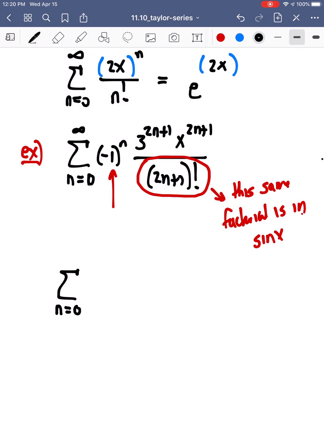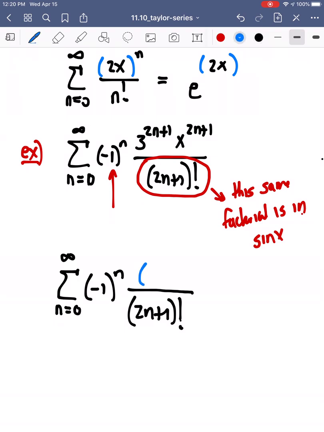So if we start writing what sine looks like, the series for sine basically looks like minus 1 to the nth power all over 2n plus 1 factorial. And in the numerator, we have some x value being raised to the 2n plus 1. So what we need to figure out is, are there any ways that we can take our original series and combine all the leftover pieces beyond the minus 1 to the n or that 2n plus 1 factorial into those blue parentheses?